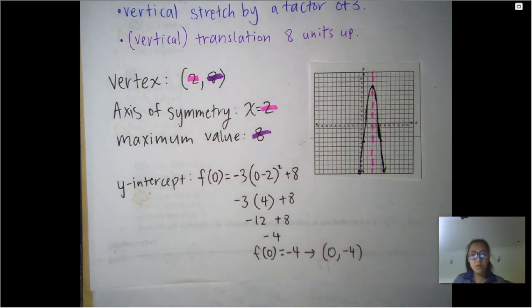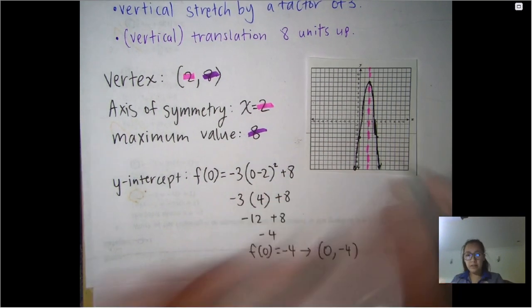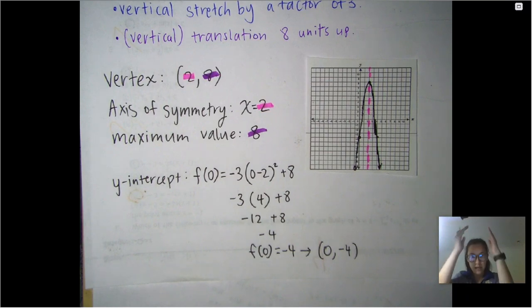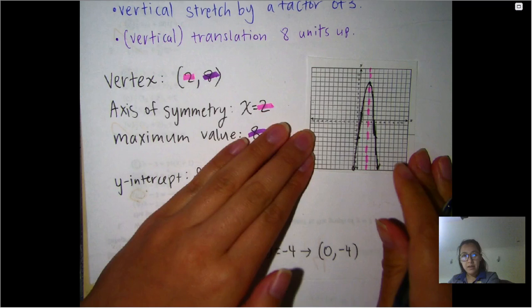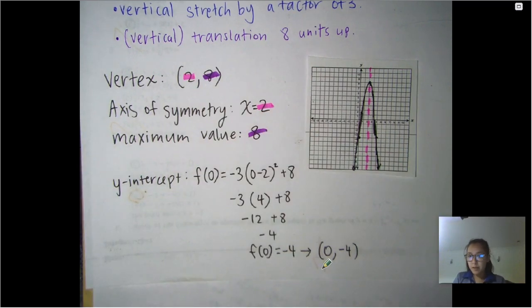So make sure it's smooth, and also make sure your legs don't start going outwards too much. Make it a smooth sort of curve. And there we have it. We've now graphed our parabola from vertex form.